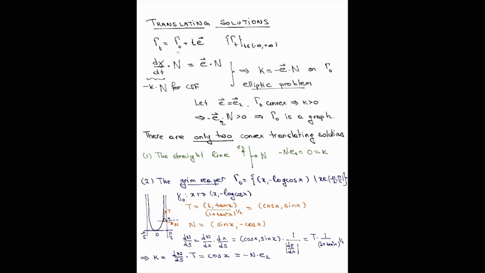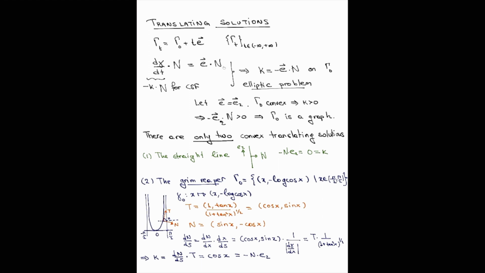Here, by this equation, I can see that d gamma dt, which is kappa times n by the curve shortening flow, should be equal to E dot n. Because d gamma dt just gives me the vector E, and I'm just dotting afterwards with n, the normal.